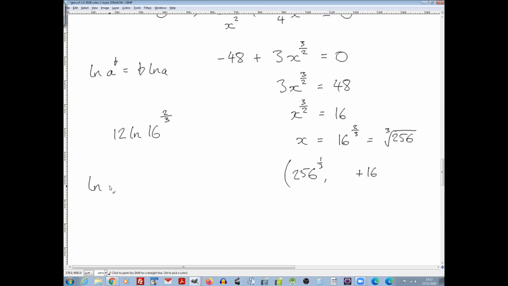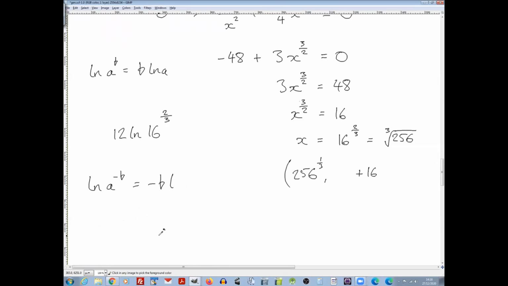The fact that log a to the minus b would be minus b log a explains why minus log is 1 over, because that means reciprocal there, you can see. A to the minus b would be 1 over a to the b.